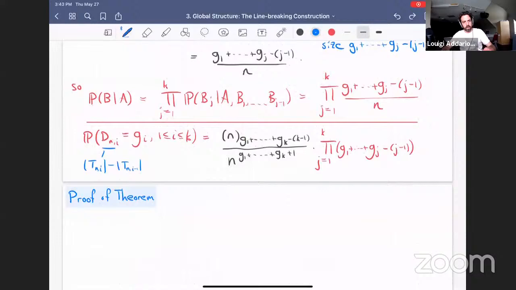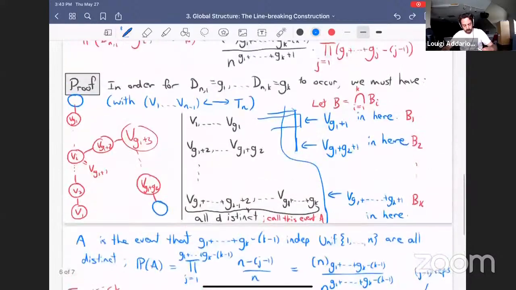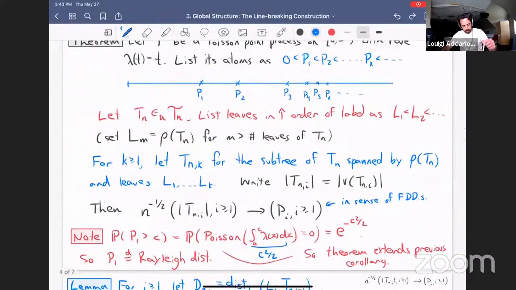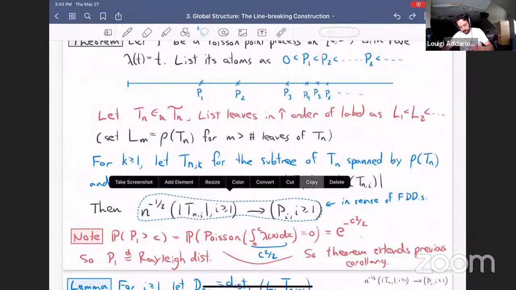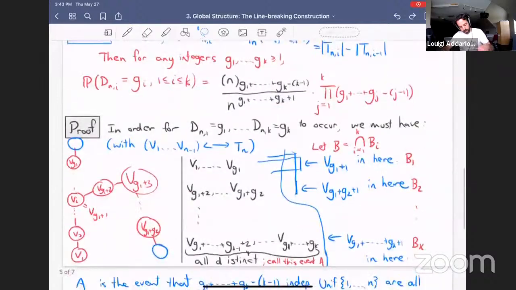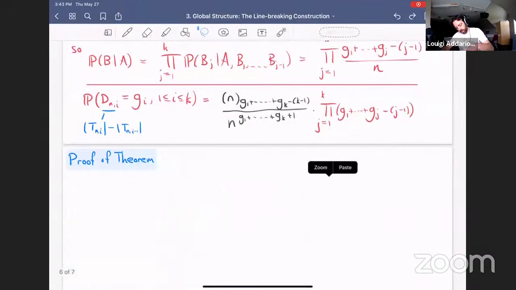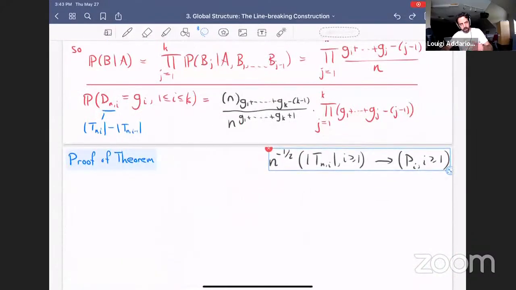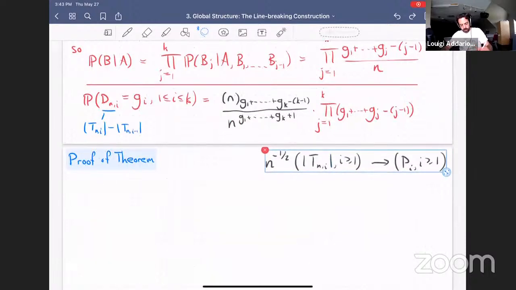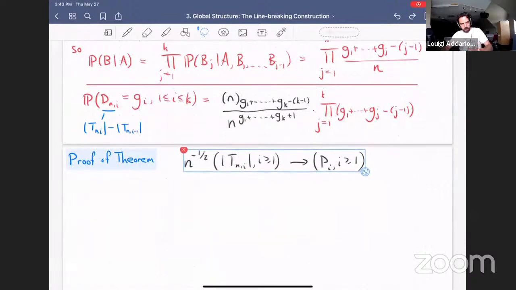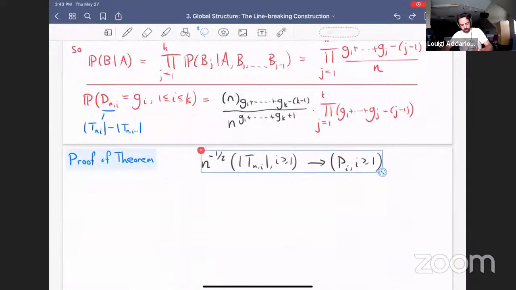Okay, seeing no questions, let me remind ourselves what the theorem is. We're trying to prove that this sequence of subtree sizes behaves asymptotically like the locations of the atoms of this inhomogeneous Poisson process.